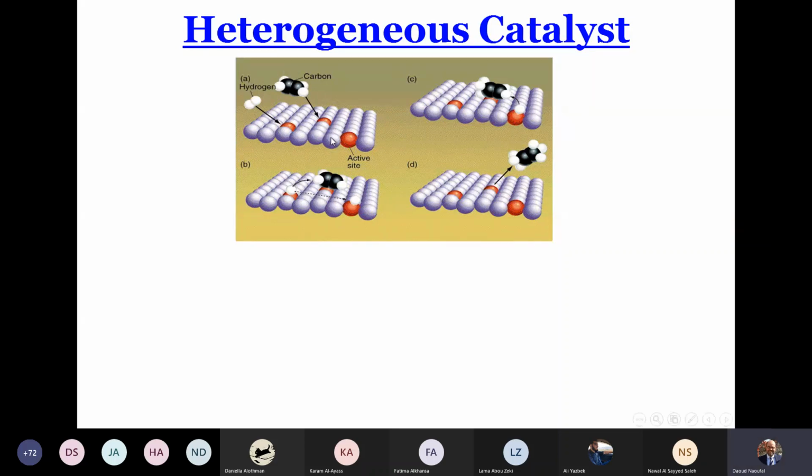In general, we add nickel catalyst or palladium, and on the palladium surface, we have the brown balls. These are the active sites. This is a site that can receive a gas. So the hydrogen will interact with this active site, and the ethene will interact with another active site.